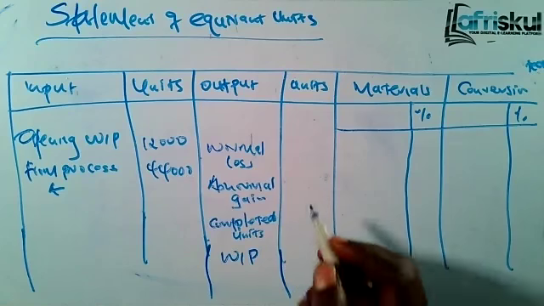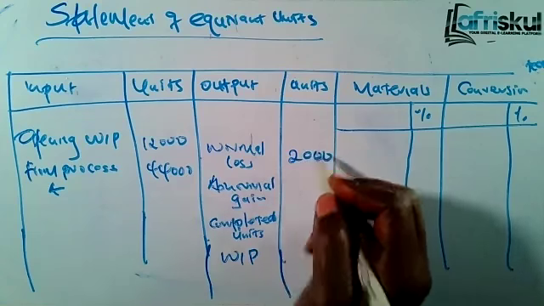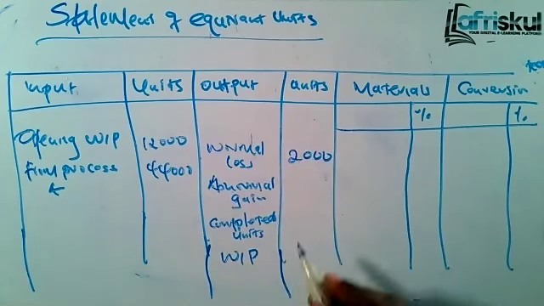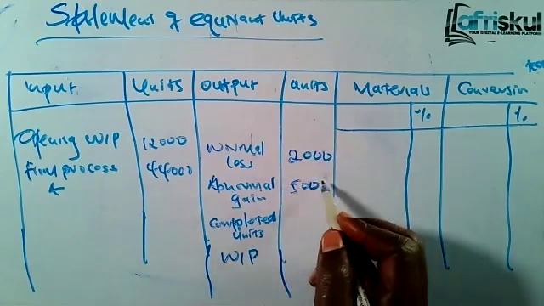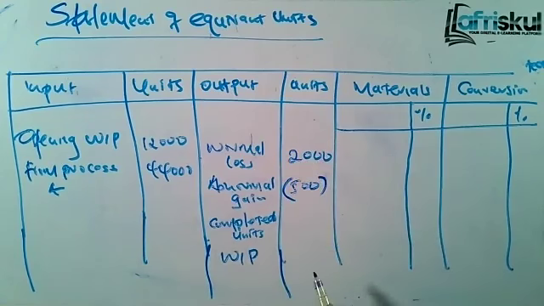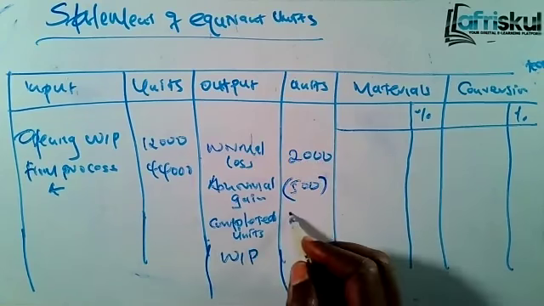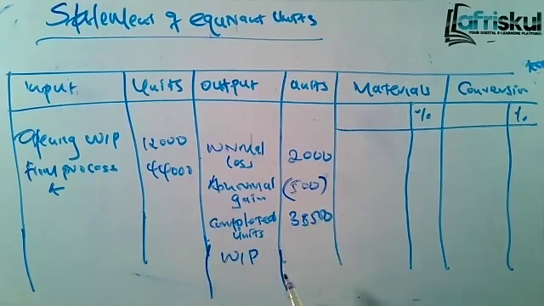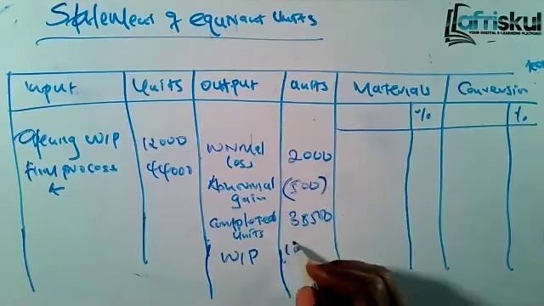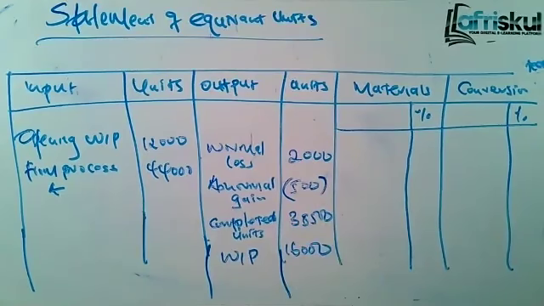Our normal loss was 2,000 units, so you write there 2,000. Abnormal gain was 500, and you deduct it. Completed units was 38,500. And then closing WIP units was 16,000. For normal loss you put dashes.